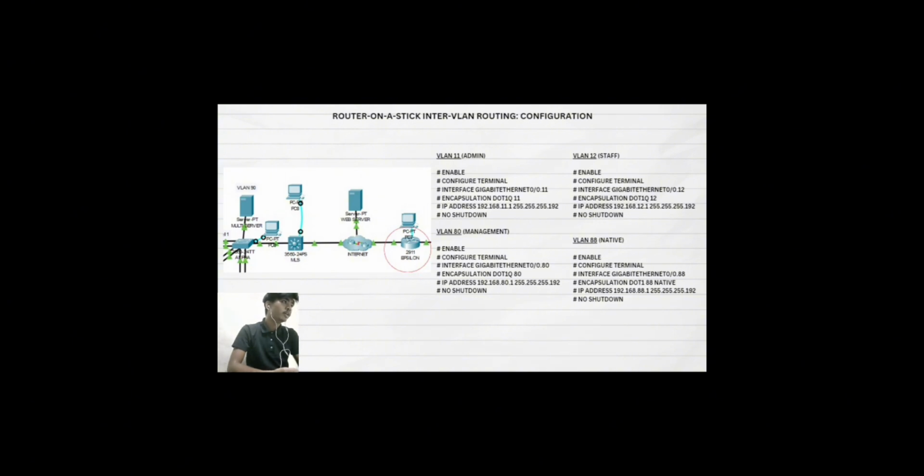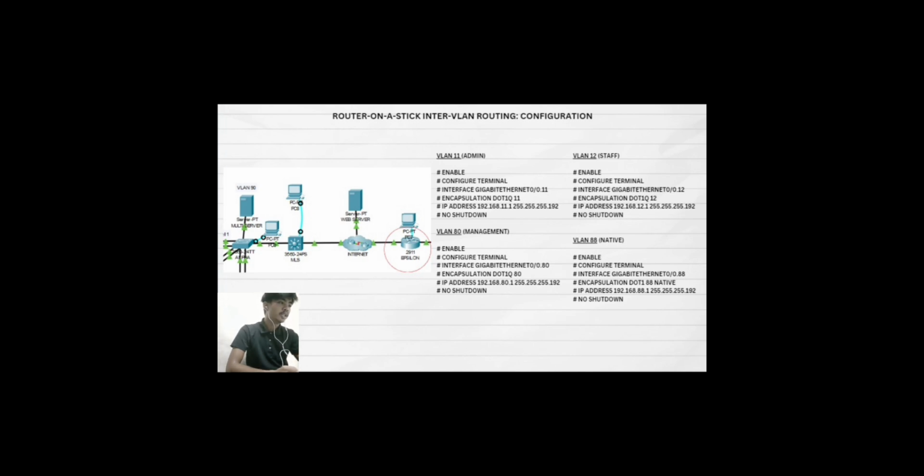The word native is the term that specifies that this VLAN is the native VLAN. It means that untagged frames received on this interface will be treated as belonging to VLAN 88.